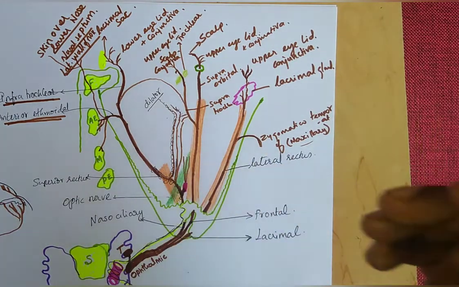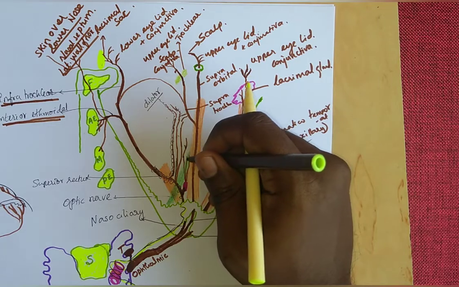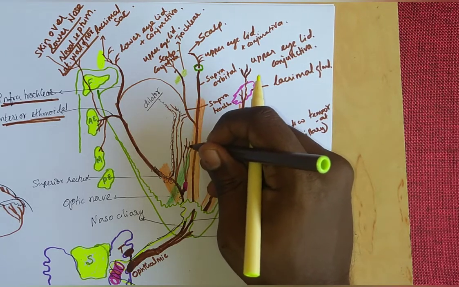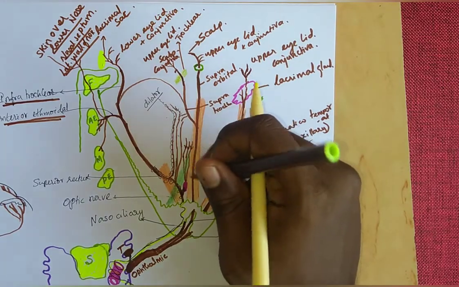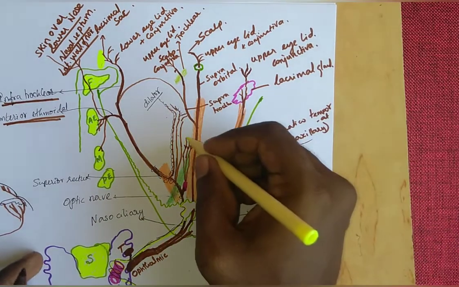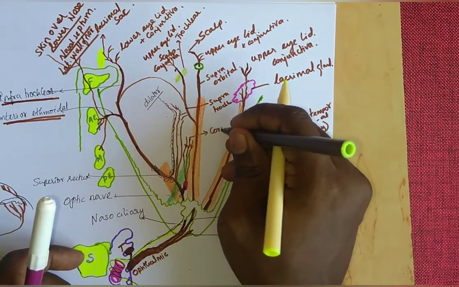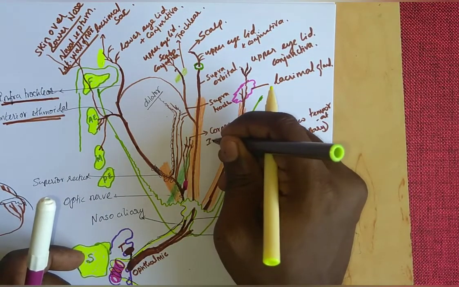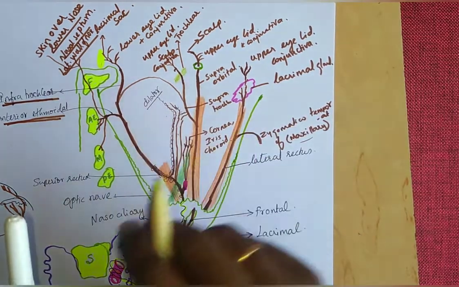And these short ciliary nerves will receive the sensory inputs from the cornea, iris, and the choroid. That is about short ciliary nerves.